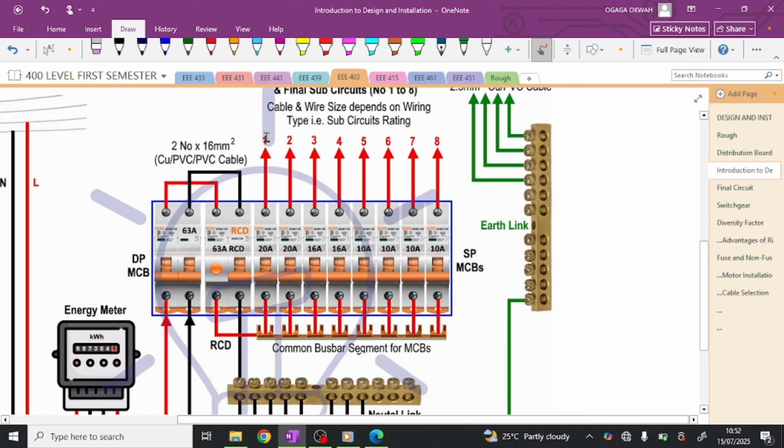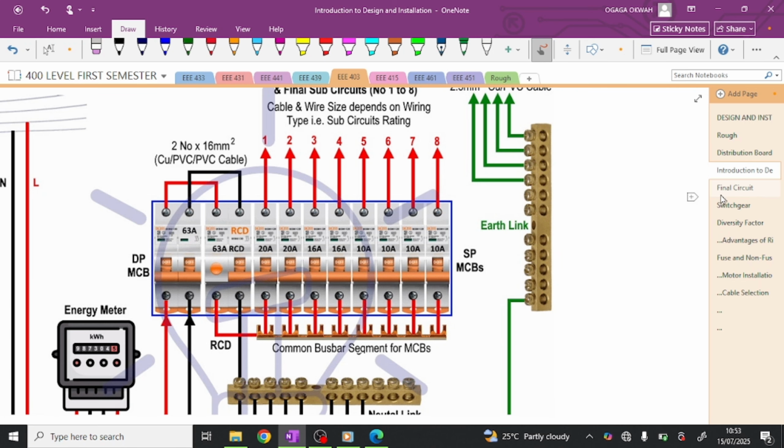So we are not going to consume up to the total power. We consider that, and then we choose our cable size based on that. We can reduce the size of the cable we buy or install to save cost.